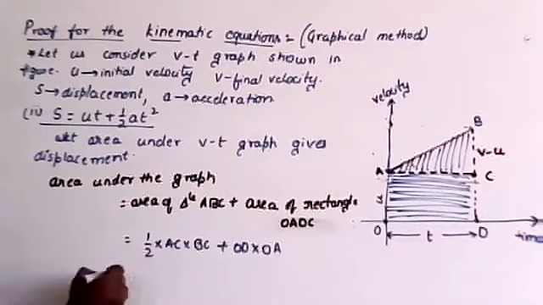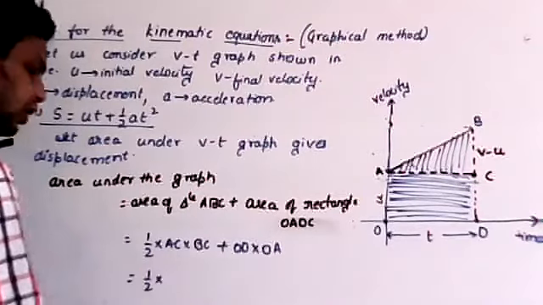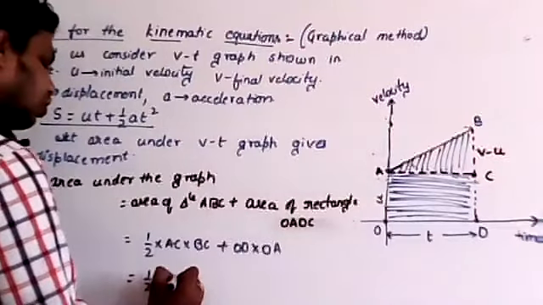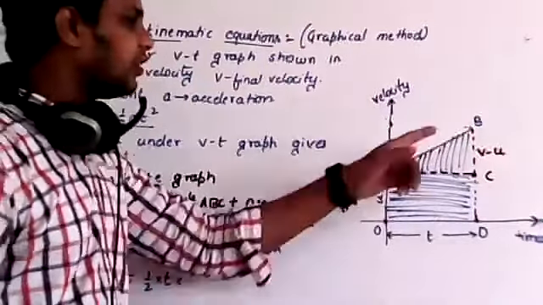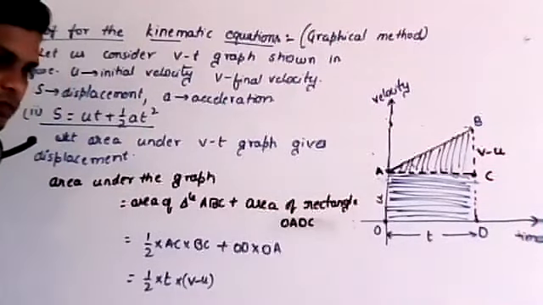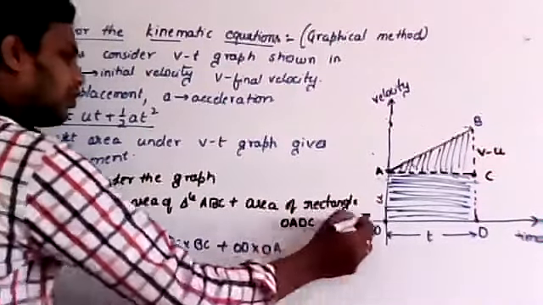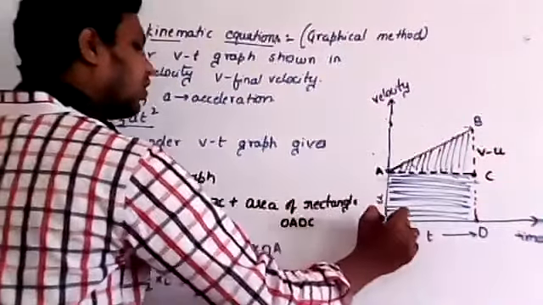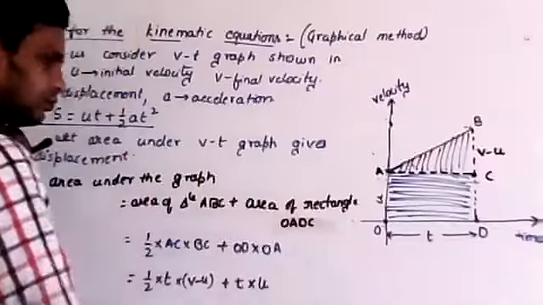That is equal to half into the AC value. What is the value of AC? Means t, into the BC value, which is v minus u. Plus, what is the value of OD? Means t, into the OA value, u.